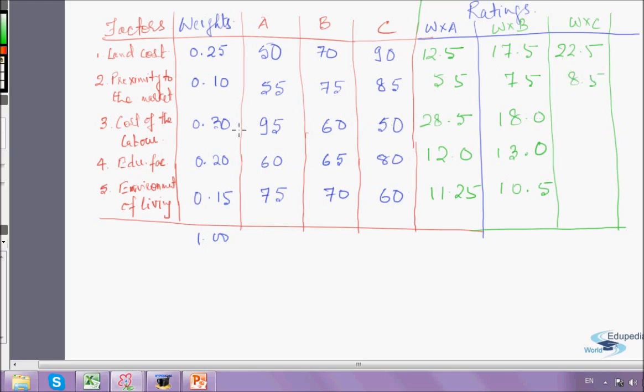Third one, it is 50 multiplied by 0.3, and that is 15. The fourth one is 80 multiplied by 0.2, and that is 16. And lastly, it is 60 multiplied by 0.15, and that is equal to 9.